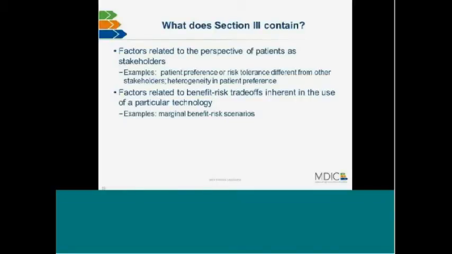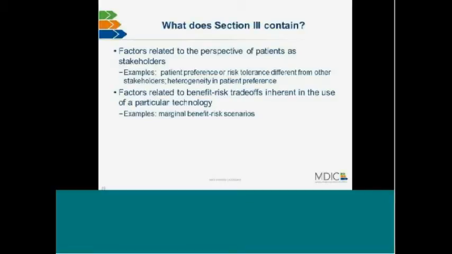But for example, our first category of factors, which are factors related to the perspective of patients as stakeholders, includes the fact that for a rare disease, you may need to work with someone who has experience with the disease. Those kinds of factors also apply with regulatory novelty, where if it's a rare disease, it may be a first-of-a-kind therapy for that indication. So I'm just going to go through a couple of the factors in these categories, not all of them, just to give you an idea of what's in these sections.